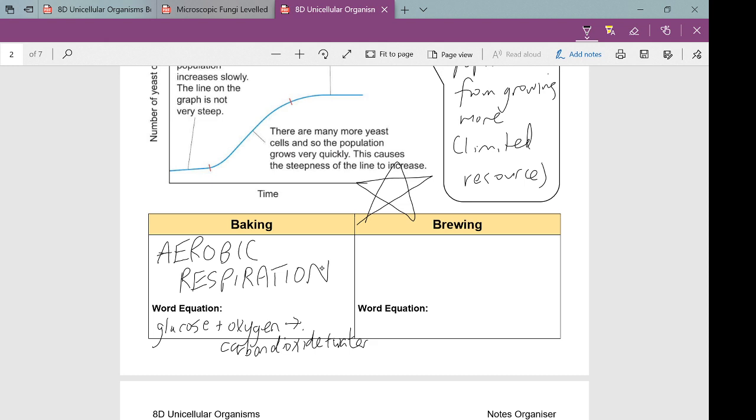What causes the bread then to rise and become fluffy? Sticker for whoever can tell me. No, it's not because they die. What causes the fluffiness? Think about the word equation.